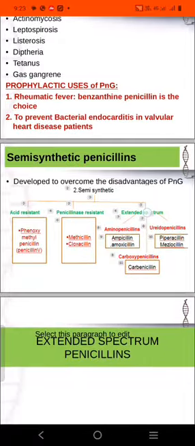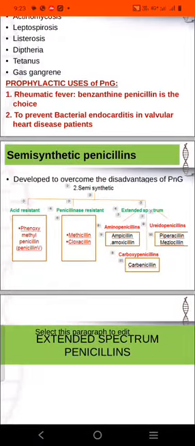Now we are going to another section, semi-synthetic penicillins. In order to overcome the disadvantages of penicillin G, we prepare these semi-synthetic penicillins. The acid-resistant penicillin is phenoxymethyl penicillin, otherwise known as penicillin V. Penicillinase is an enzyme produced by certain bacteria, staphylococci.